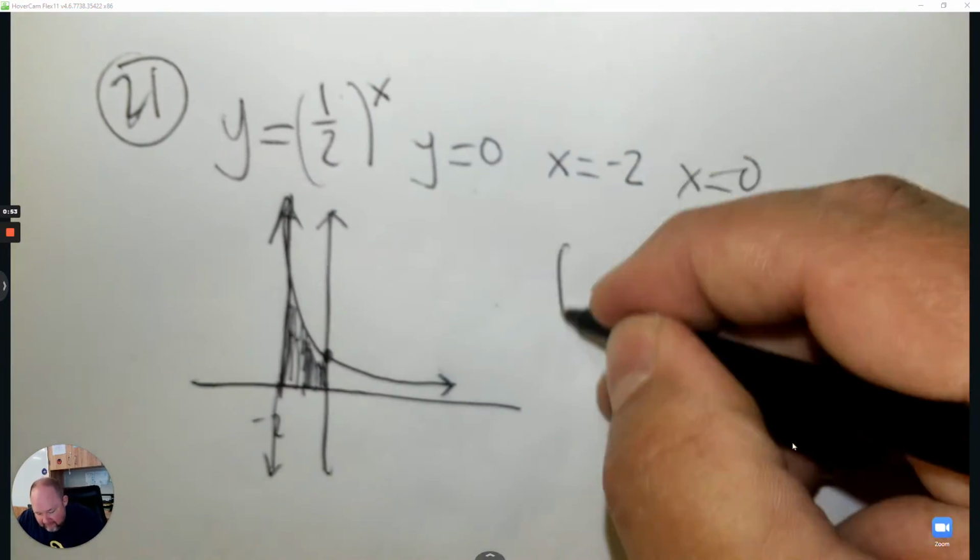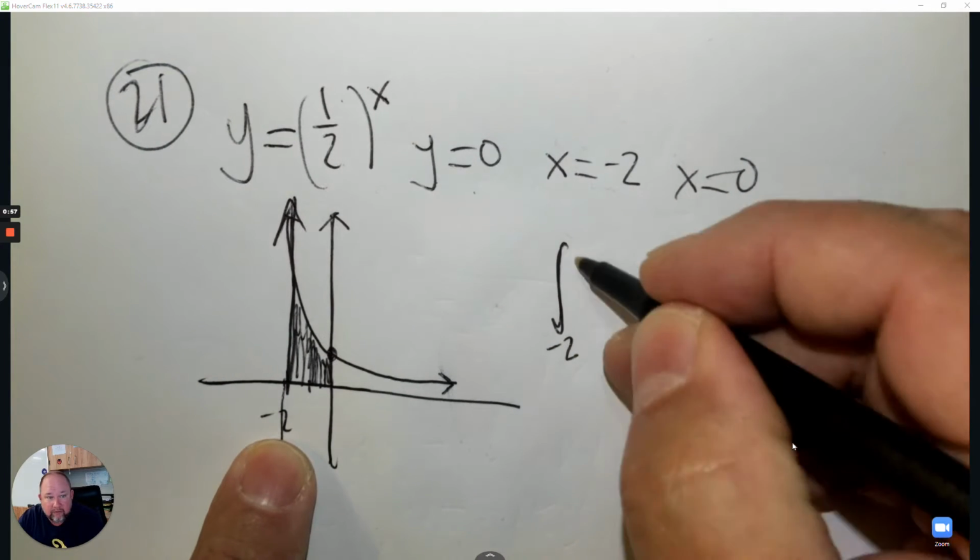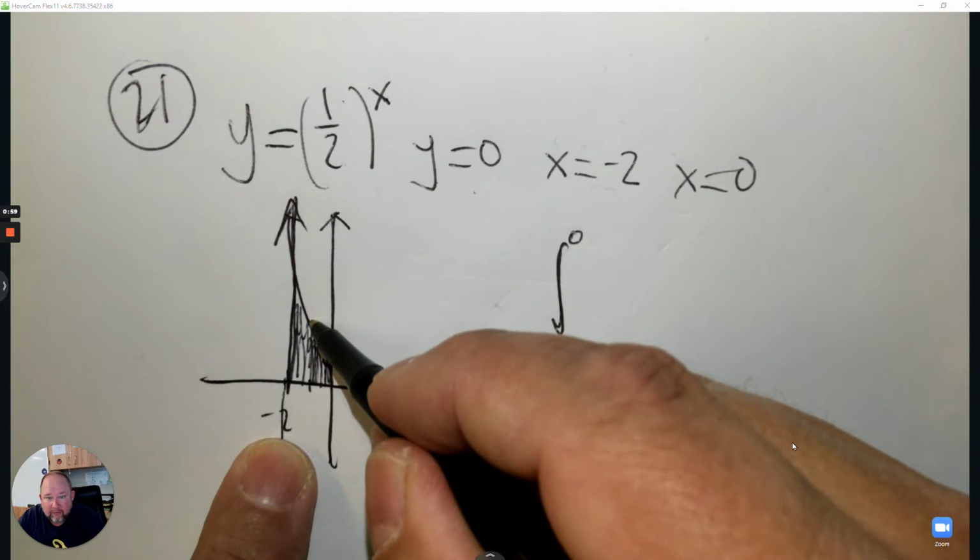So I want to integrate. I know I'm integrating from -2 to 0. I know it's top subtract bottom.